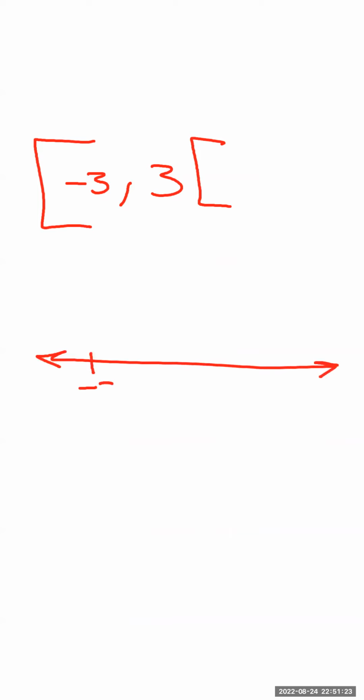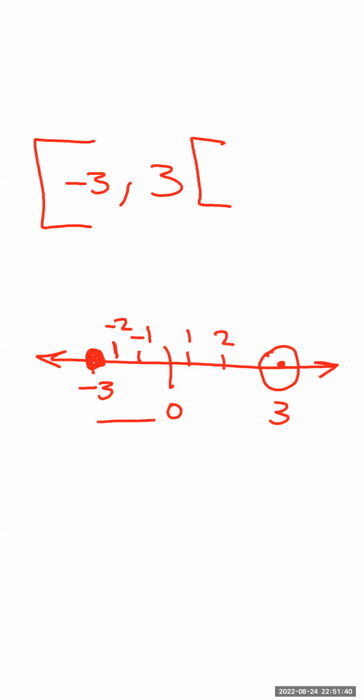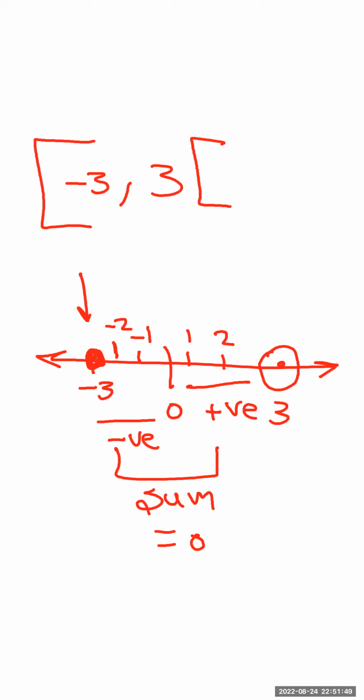We have -3 till 3, but open. Here is 0, and -2, -1, 1, 2, and of course the fractions and all the real numbers between them. All these numbers are negative, and the same on this side are positive. So the sum equals 0, but -3 is here and not here. So the sum equals -3 only.